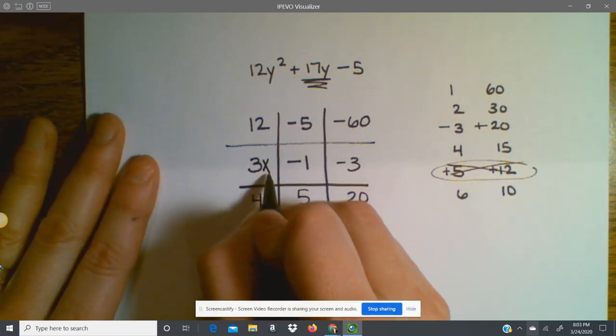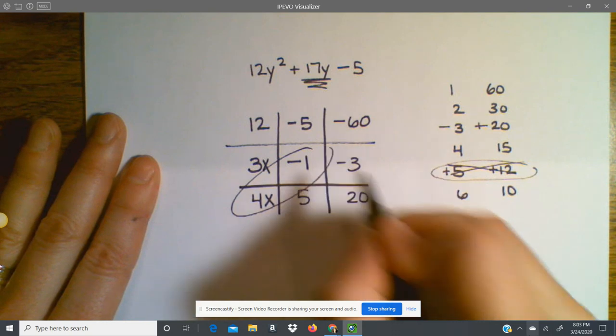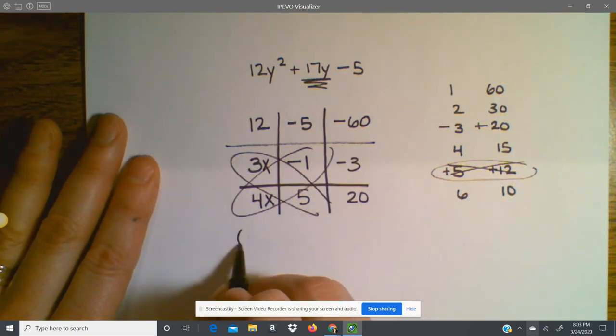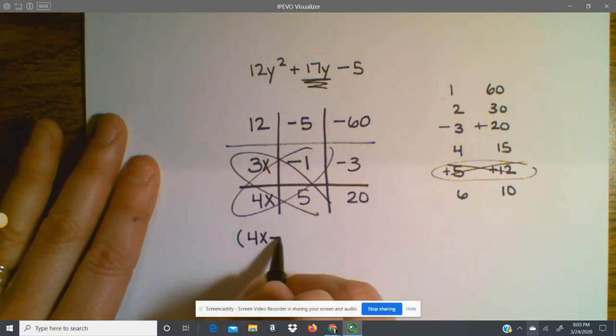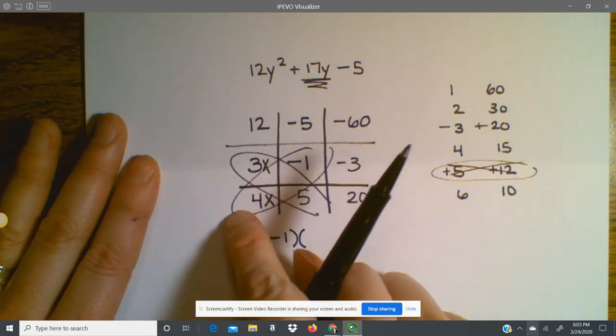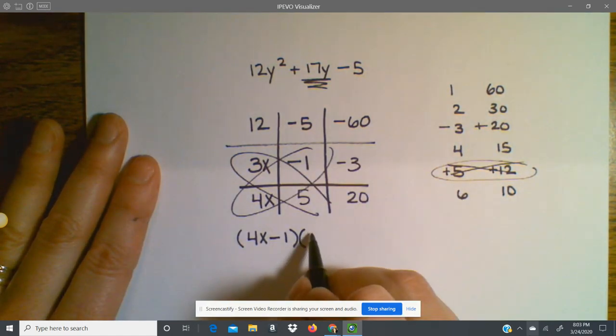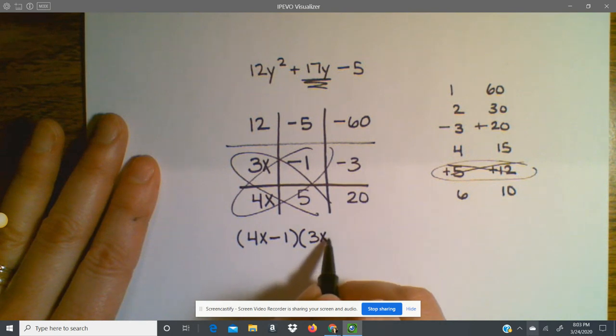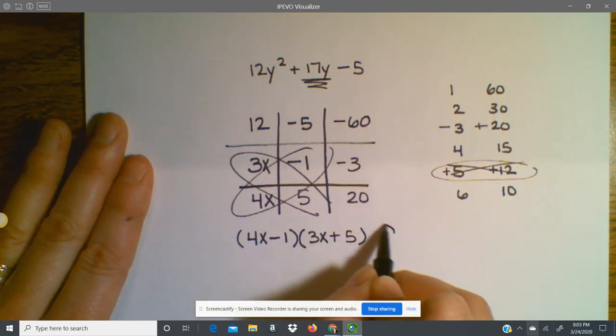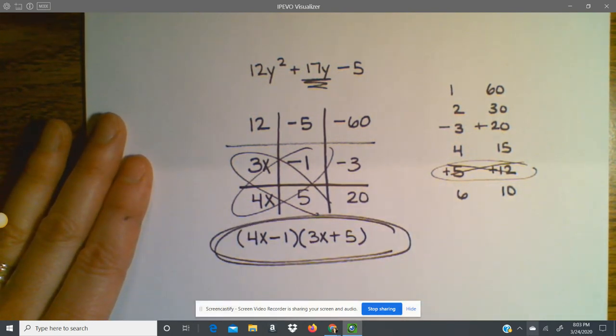So these are the x values, and then you kind of pair them up across. So one of my factors is 4x minus 1. That's this diagonal. And the other factor is 3x plus 5. So there is my factored form.